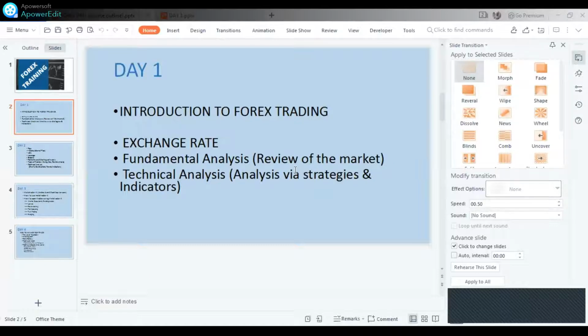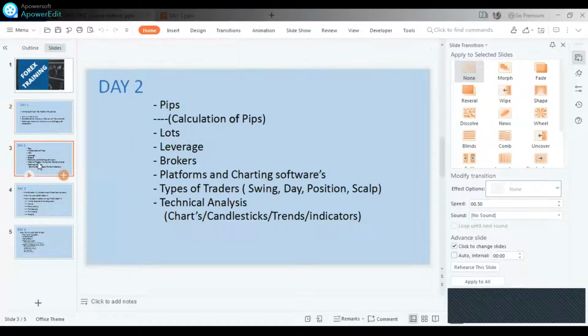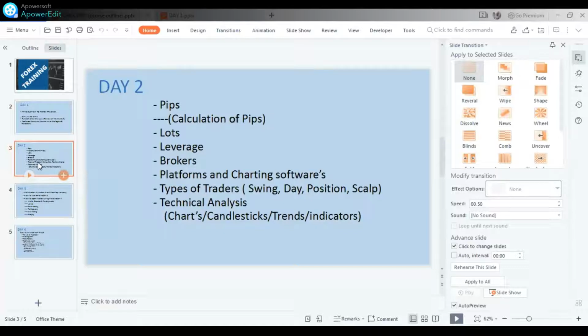And I also look into what? Technical analysis. Day two, which is tomorrow's class, we'll talk about pips, lots, leverage, brokers, platforms and charting software, types of traders: day, swing, position, scalp. They will now look into technical analysis.